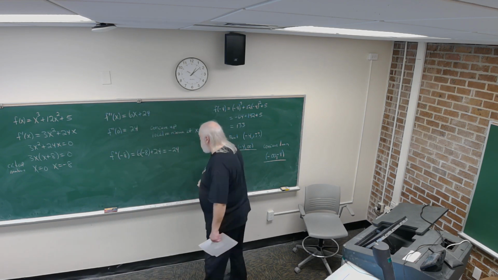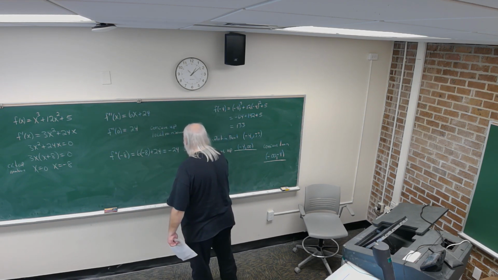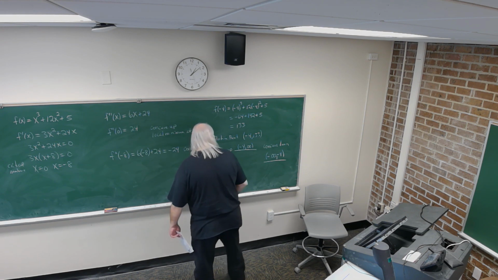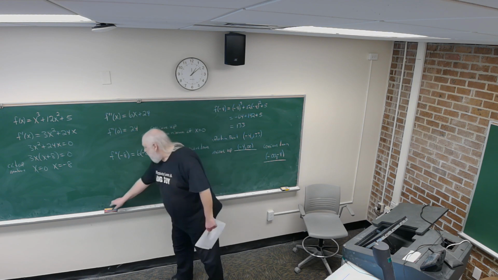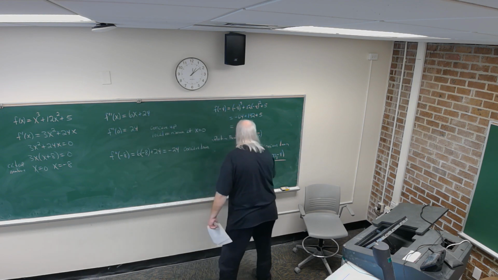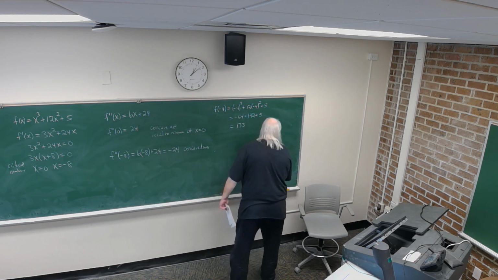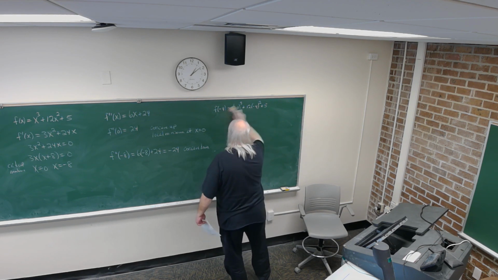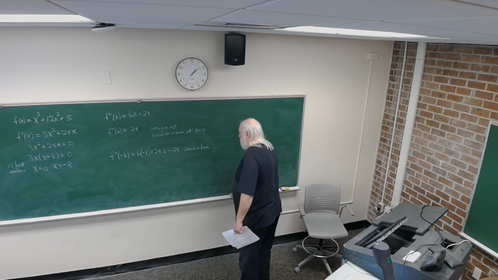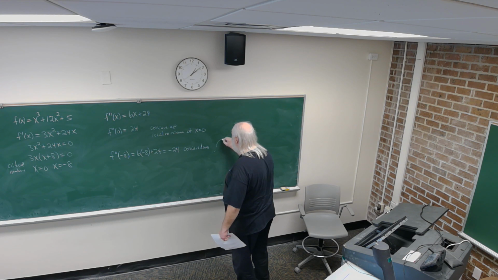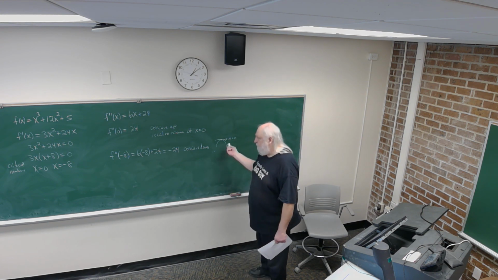That's negative, so the graph is concave down at x equals minus 8. So it's concave down. Slope of the tangent line is 0. So it's got to be a local maximum.